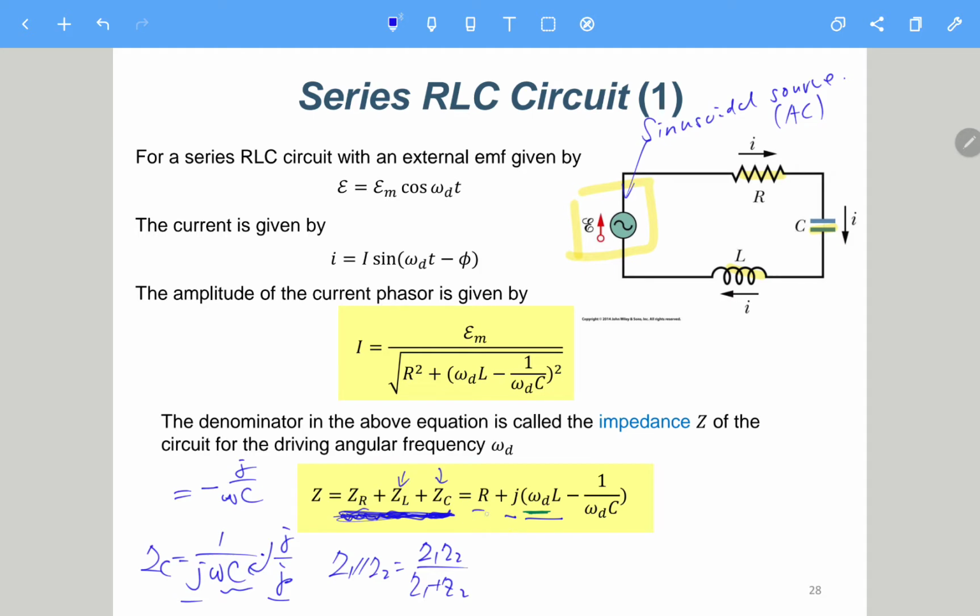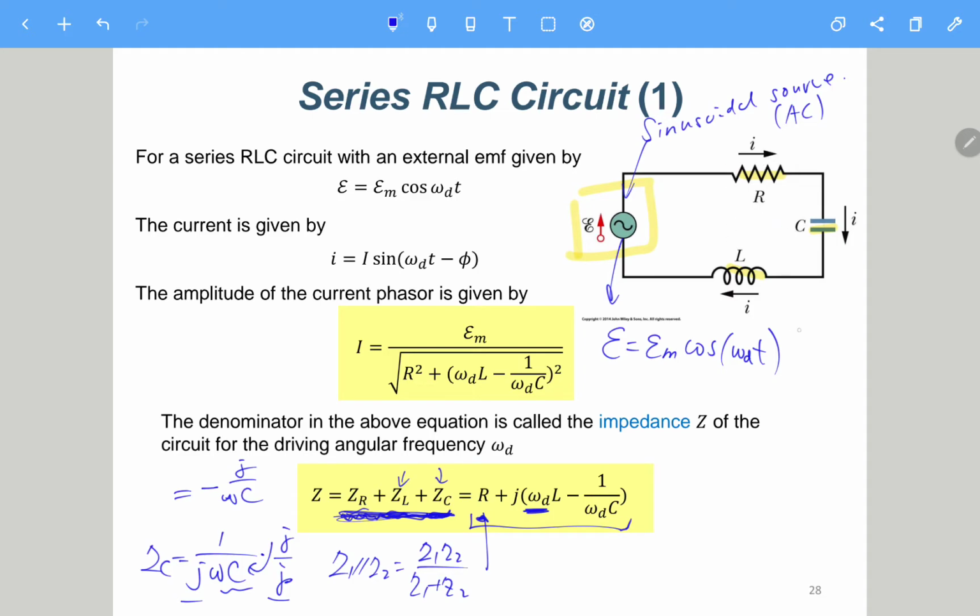This is the overall impedance of the RLC in series. For the real part, it does not relate to the operating frequency. This omega_d is the operating frequency of the source, which means that E is something like E_m cosine omega_d t. This means we don't care about the natural frequency of the circuit.